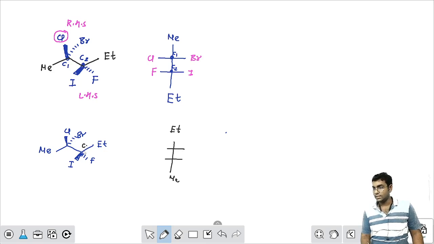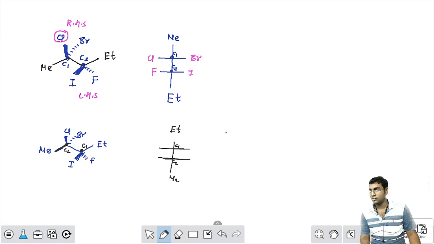In this case, this is C1, right? And if this carbon is C2, then it is C2.